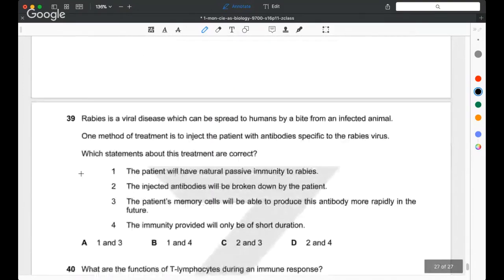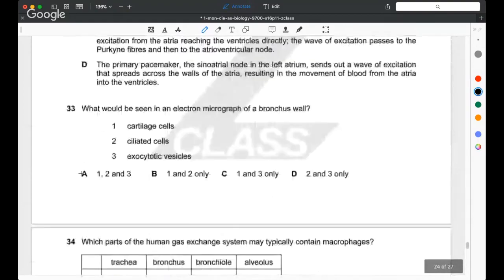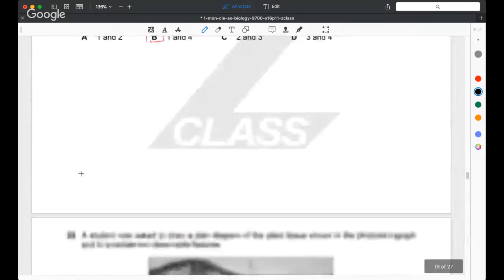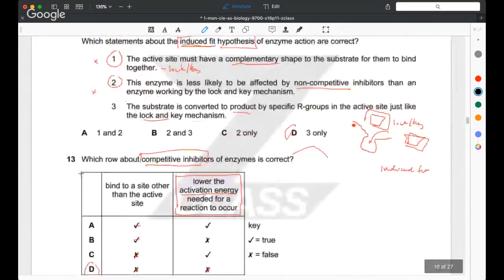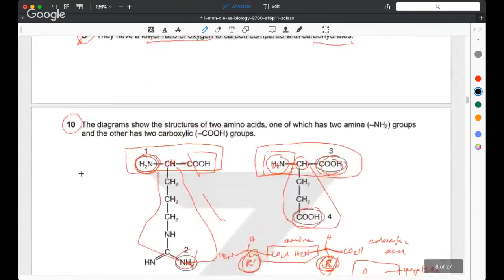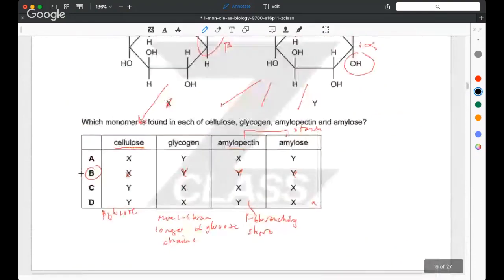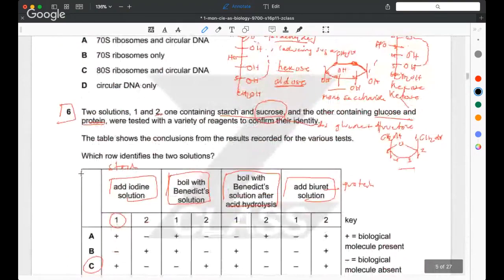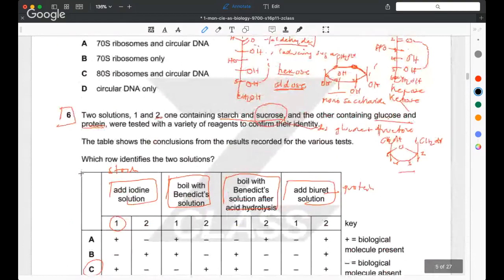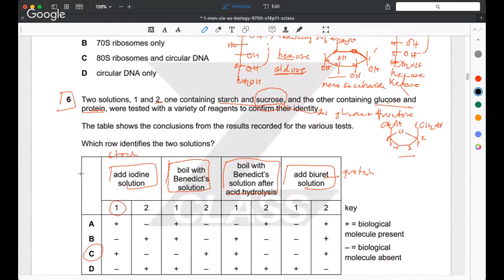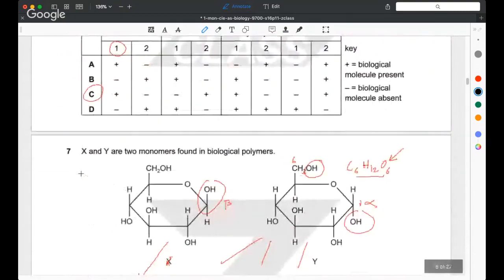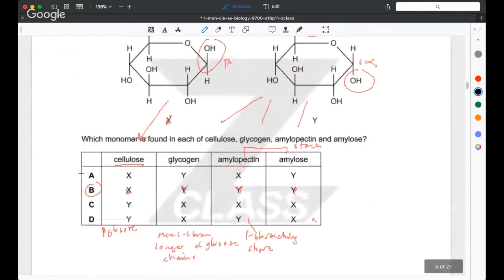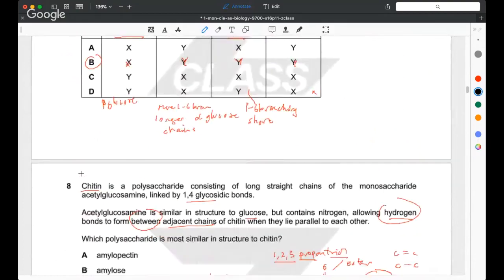Okay, so that's where I'm going to finish there with this masterclass. I think the main points that I wanted to bring out was how important it was in your mind to have a good understanding of the sizes of different molecules and biological entities as well, because that occurs again and again and again in the first parts of these papers. You can see almost a quarter of this paper was on biological molecules.